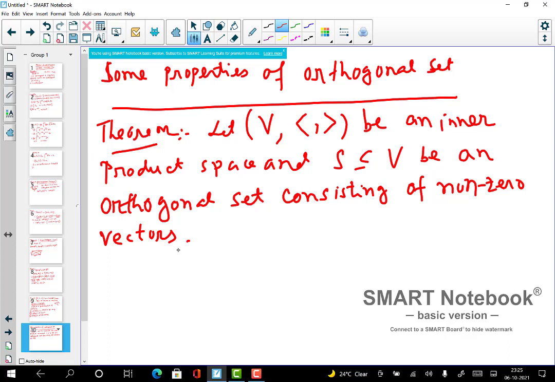Okay, then S is linearly independent over the same field over which V is defined.